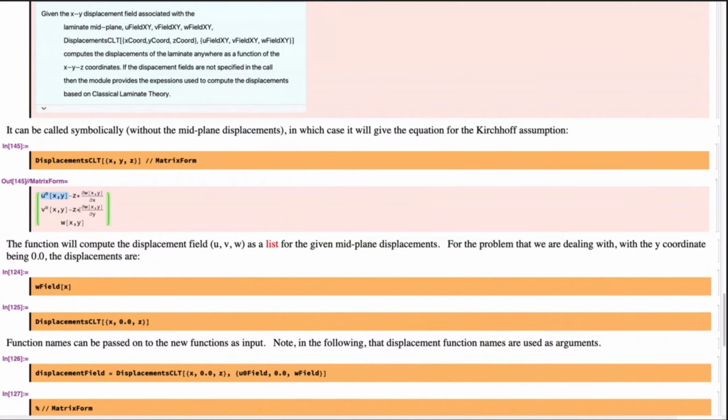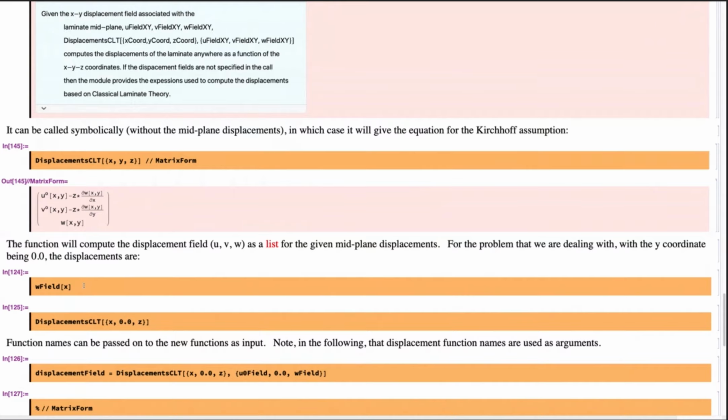And V, this term will be zero because there is no variation with respect to Y. And W is still a function of X and Y. It does not become a function of X, Y, and Z. This is the classical lamination theory assumption.